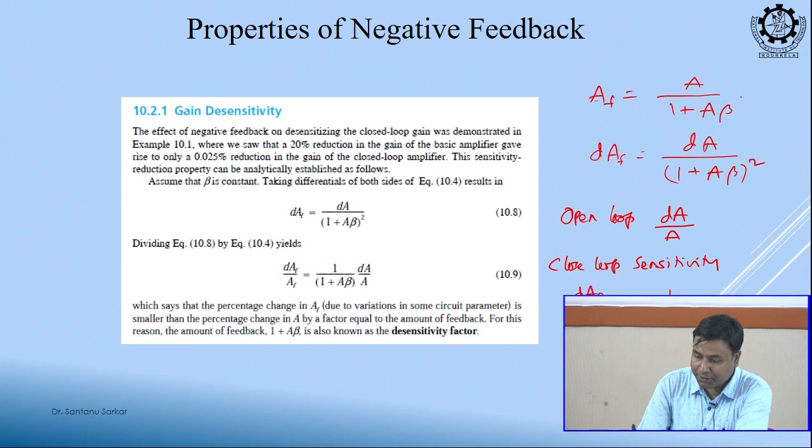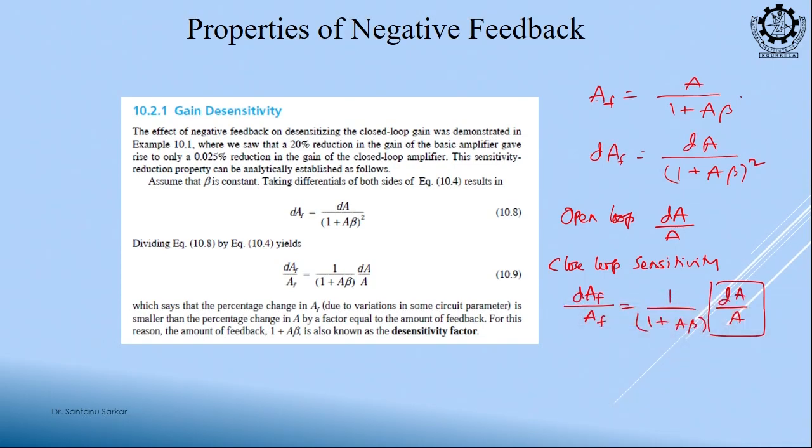1 by 1 plus A beta into dA by A. So, that was our open loop sensitivity, and the closed loop sensitivity is increased or decreased? You are dividing with something, no? So, it is decreased. So, what we can say is that our sensitivity is decreased. So, what is the meaning? Is it good or bad? It is good, right?